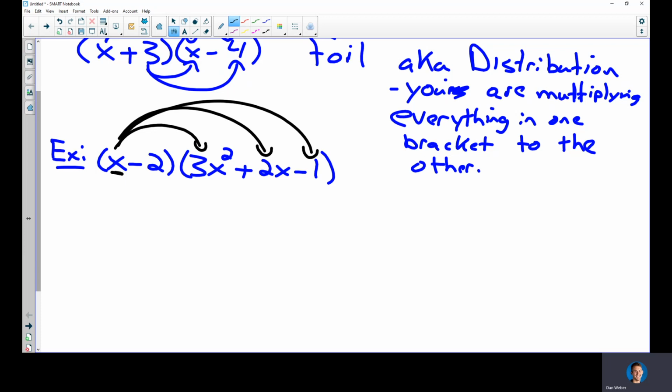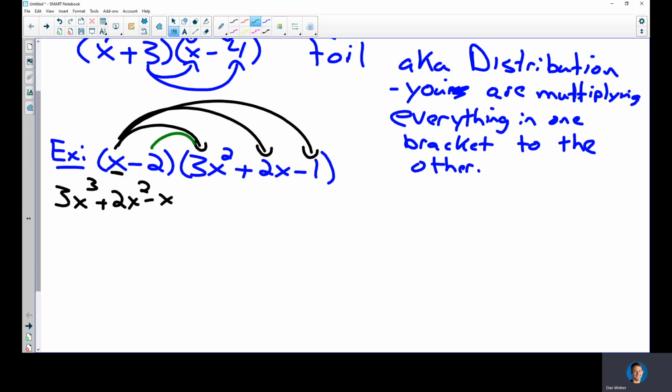All right, so x times 3x squared would be 3x cubed. x times 2x would be 2x squared. Does that make sense? Okay, I'm hoping you guys remember that. x times -1 is -x. Then we do the same for the -2.